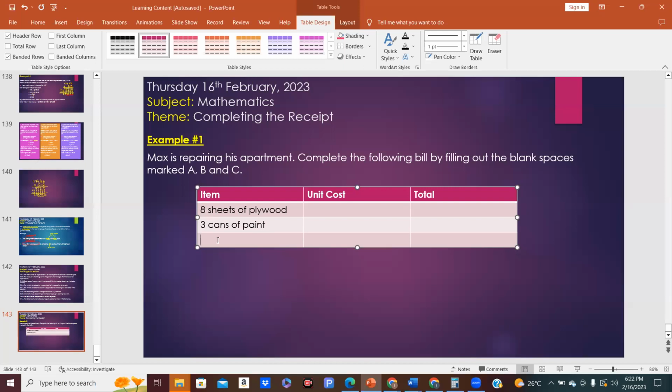And let's say here, that's it, this is C, and C here is blank, but he got some paintbrushes.